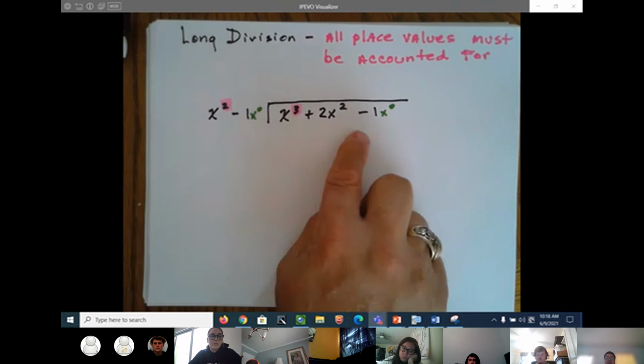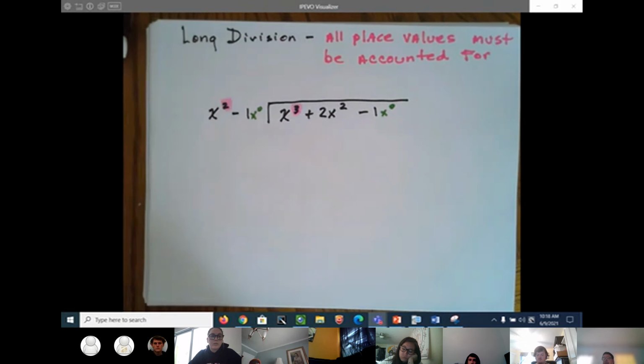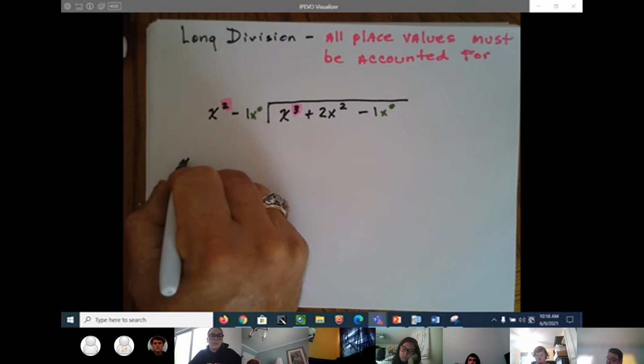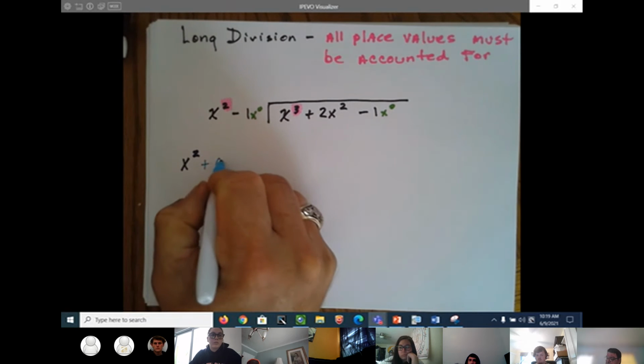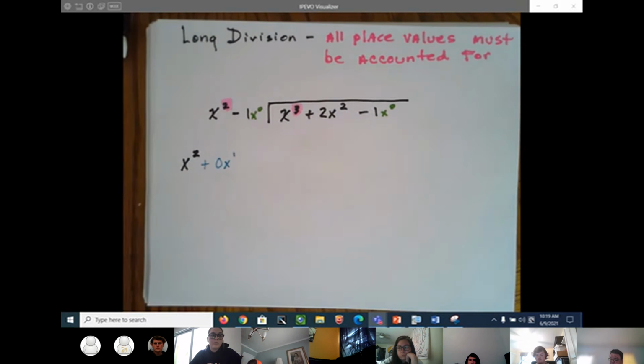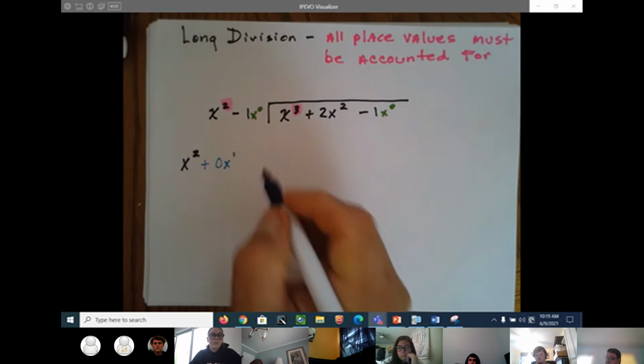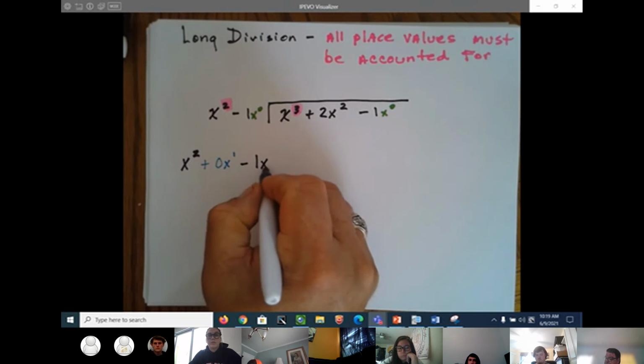Now, once I've added those terms, then I can do my long division. Or, in your case, a space. You may add a space. I don't know what you're going to use. x squared plus 0x to the first minus 1x to the 0.